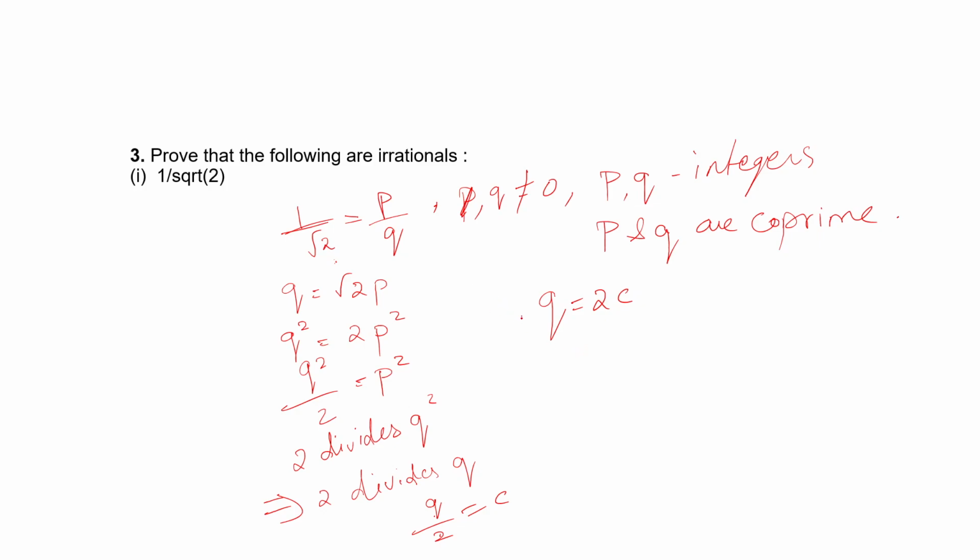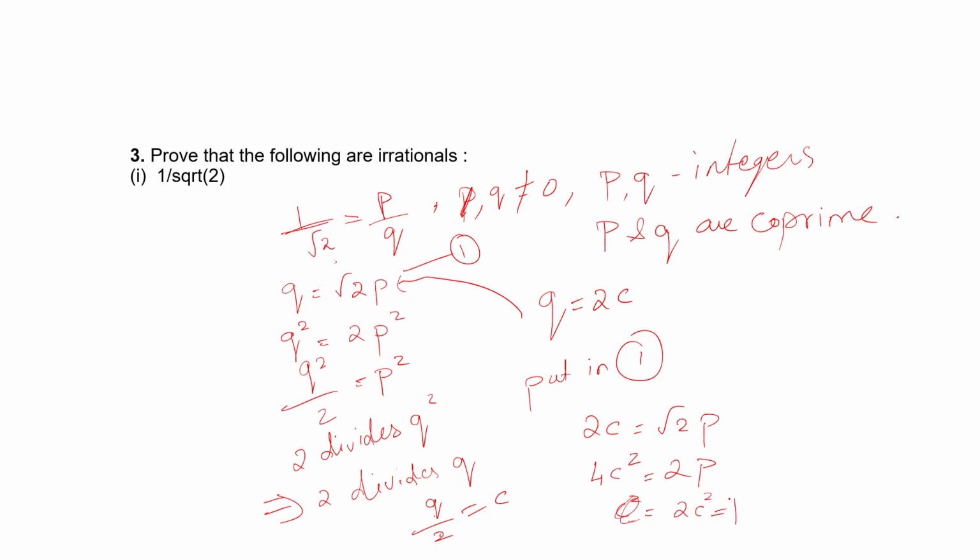Now we will substitute this over here. Keep it as equation number 1. Then q is equal to 2c is equal to root 2 p. So squaring both sides, 4c square is equal to 2p square. So 2c square is equal to p square.